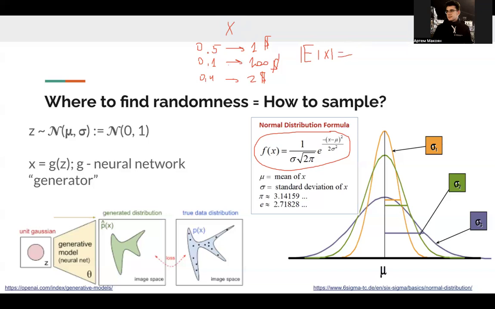So we can easily show that we will earn 0.5 on $1 plus 0.1 on $100 and 0.4 on $2. Yeah, and we can count the result. It would be 0.5 plus 10 plus 0.8.